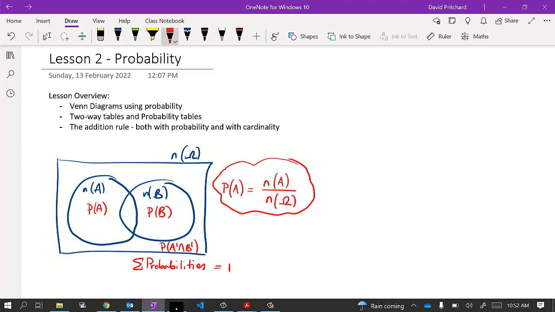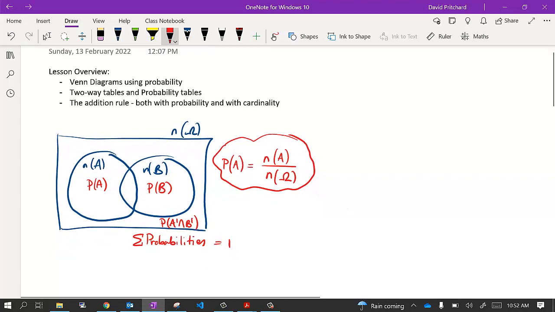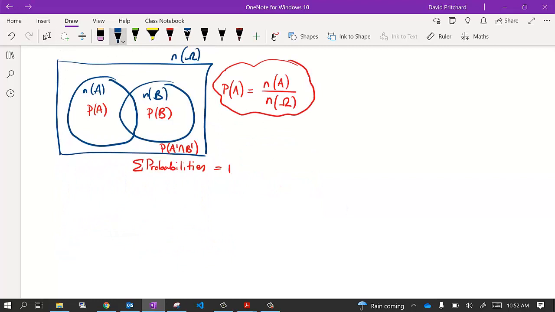The second thing that we're going to look at is using two-way tables. Now, two-way tables are another way of looking at the same information within that Venn diagram.